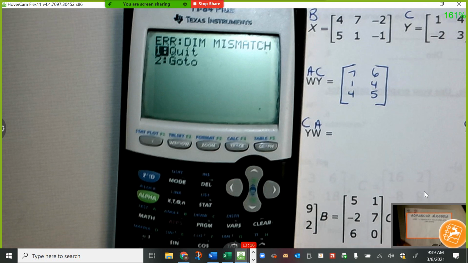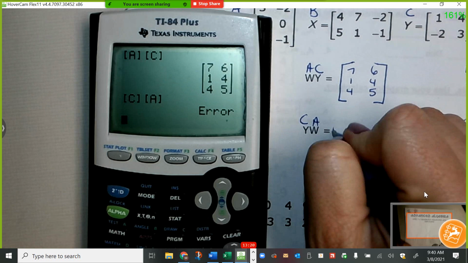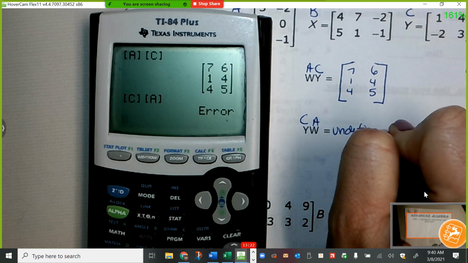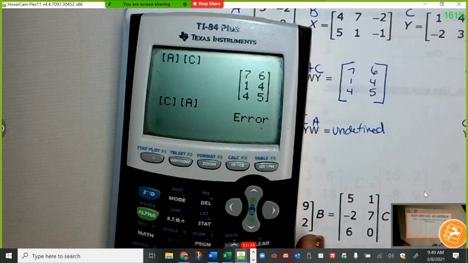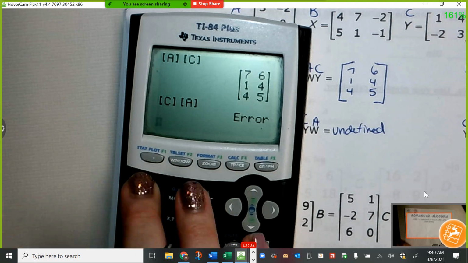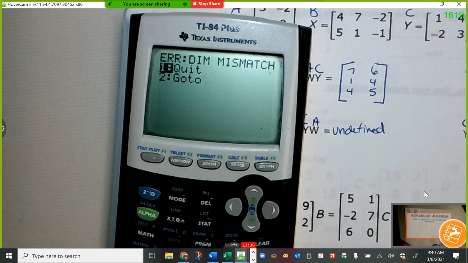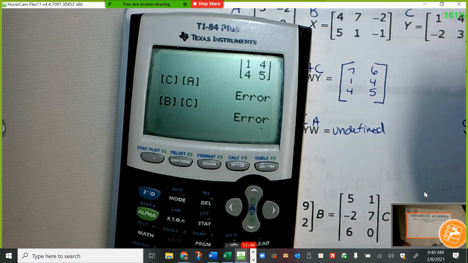When it says that, what do I put? Undefined. So then I have a B times A. Oh, sorry, B times C. Goodness gracious. Which also says dim mismatch.